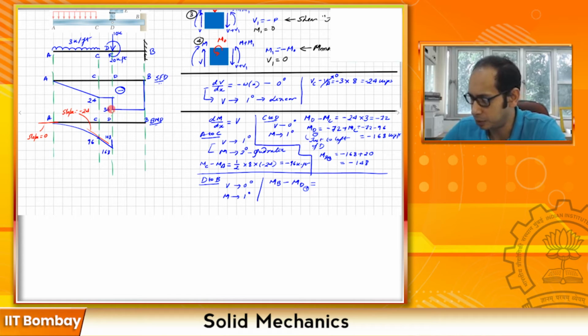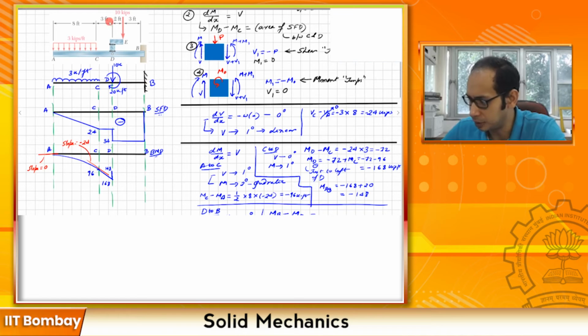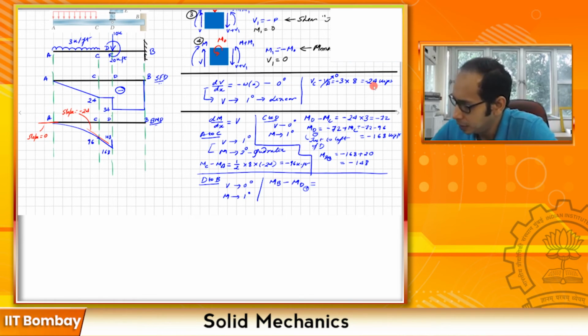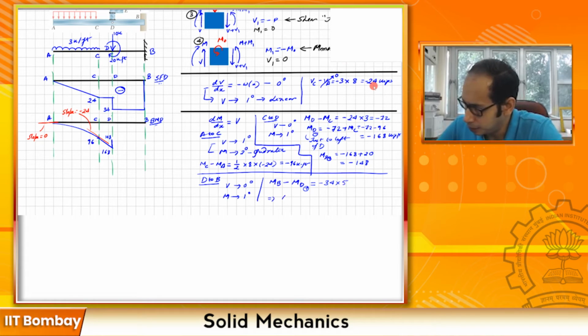So that is 34 times this distance, which is 3 plus 2, 5, going to be minus of 34 times 5. So MB is minus 34 times 5 plus MD plus, so plus minus 148.